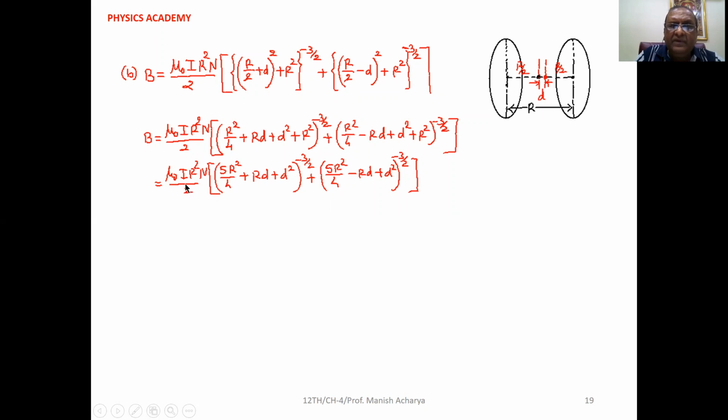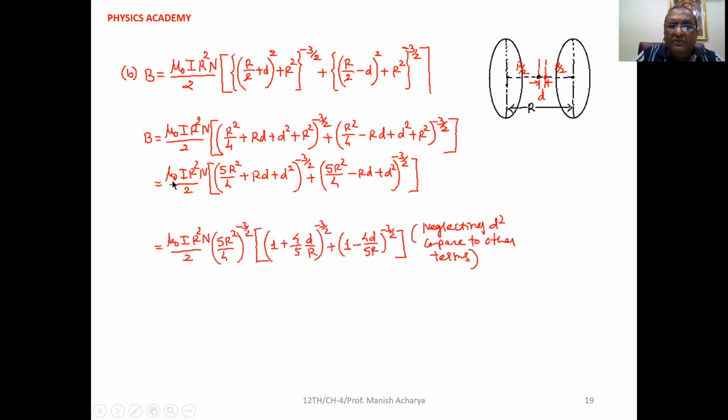Now, mu 0 I r square n by 2 as it is. This r square by 4 plus r square, you can write as 5 r square by 4 plus rd plus d square as it is and raised to minus 3/2. For the second bracketed term, you can write again r square by 4 plus r square, that is 5 r square by 4 minus rd plus d square as it is and this whole raised to minus 3/2.